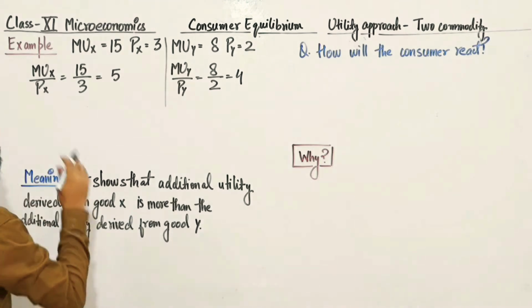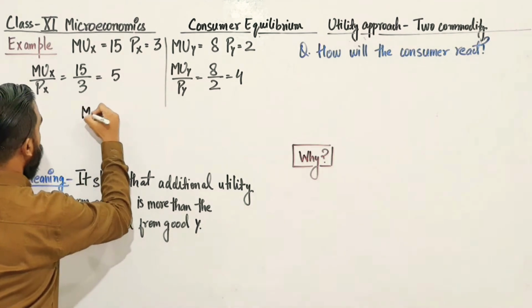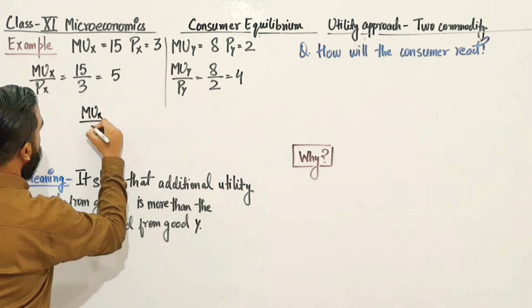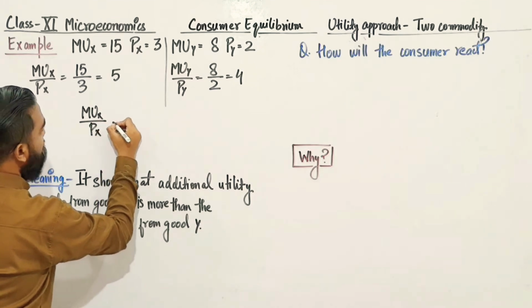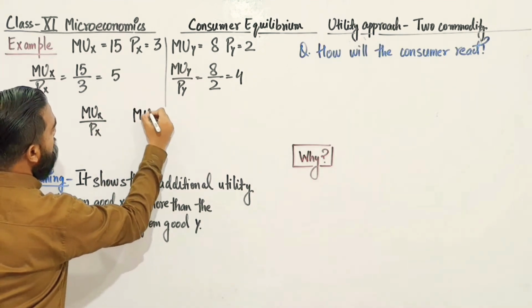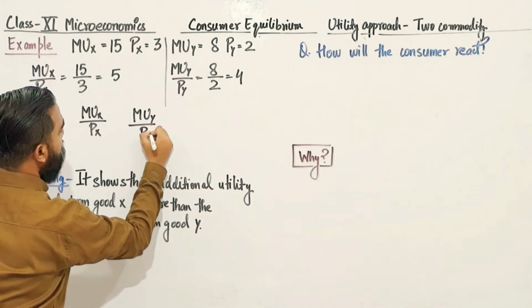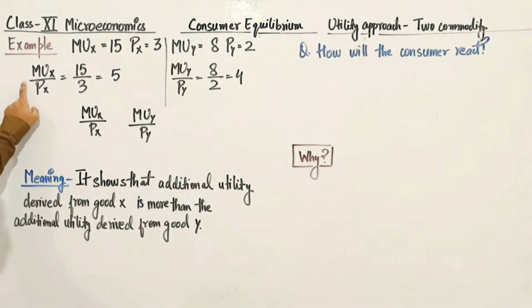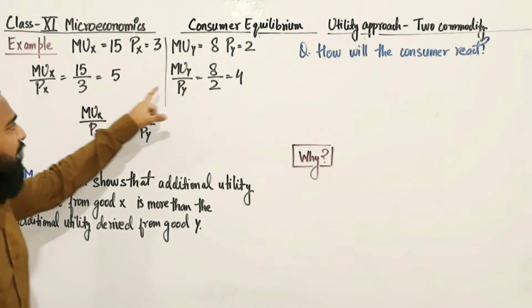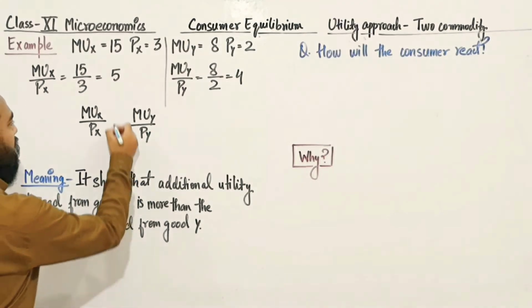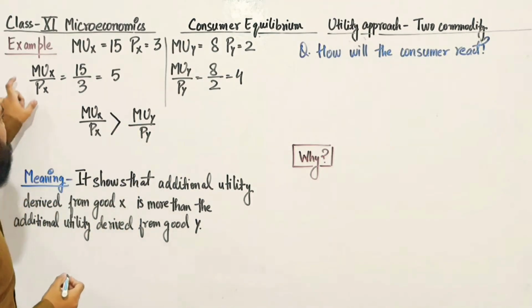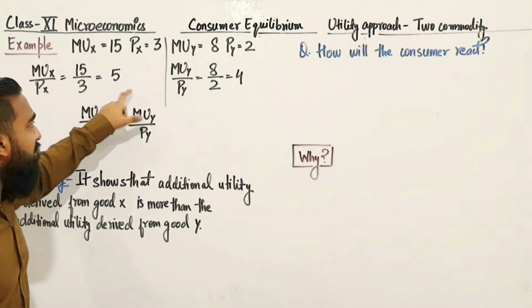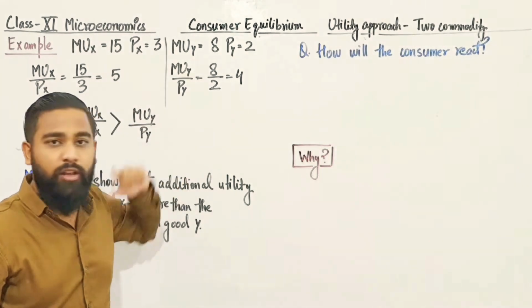Here, this situation is not in the consumer's equilibrium. This scenario is a bit different. You see, MUX upon PX is greater than MUY upon PY. Why? Because the value of MUX upon PX is 5 and the value of MUY upon PY is 4.